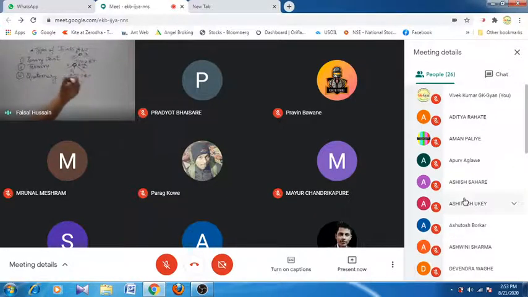Three binary joints means between link 2 and 3 there is one revolute pair, between link 3 and 4 there is one revolute pair, between link 4 and 5 there will be one revolute pair. It has to be noted that the revolute pair is between two successive links. Okay, link 2, 3, then 3, 4, then 4, 5. So this is known as a quaternary joint.